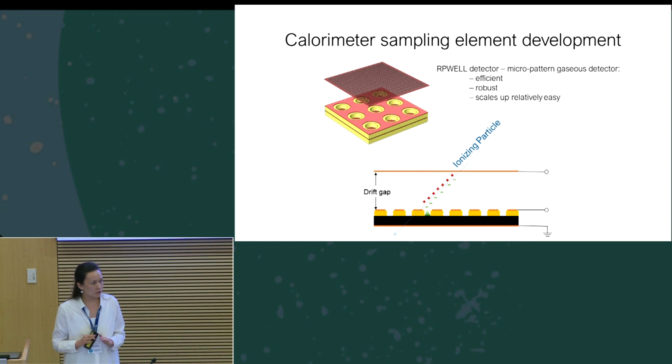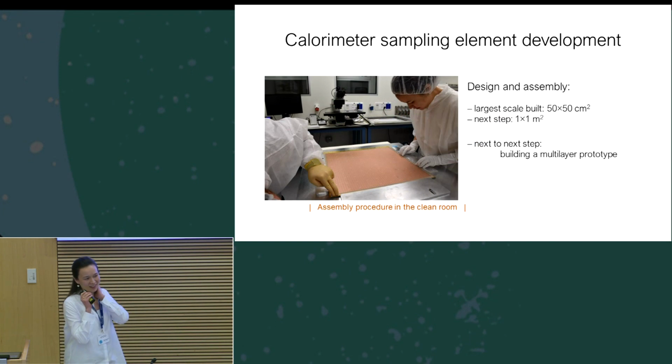The detector proved to be efficient. It can be scalable, so for my degree, I scale up. The concept was proved years ago. What we do now is design and assemble larger-scale prototypes.